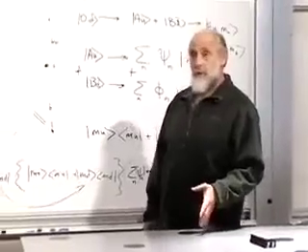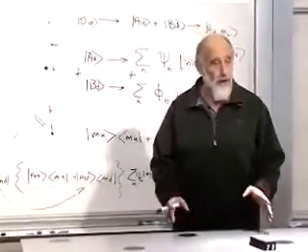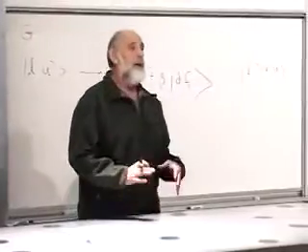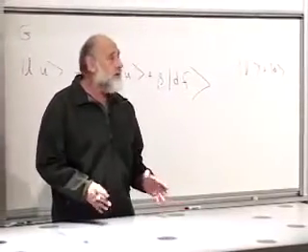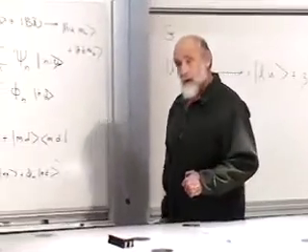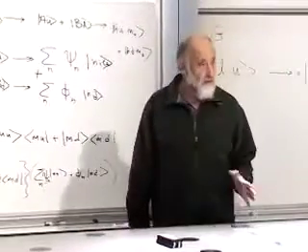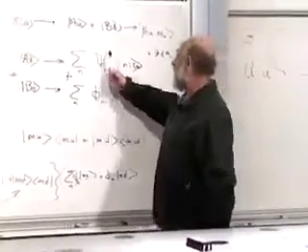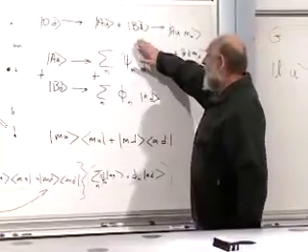A classical experiment, you always imagine that a classical experiment can be done in a gentle enough way that you can find out what you want to find out without disturbing the system, without disturbing the state of the system. Here, you can see that we have definitely disturbed the state of the system.